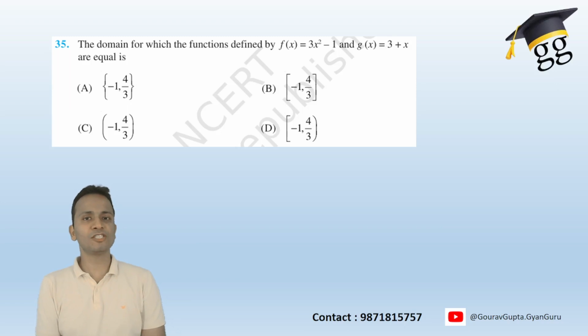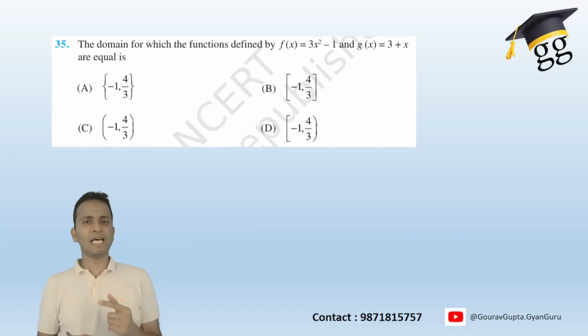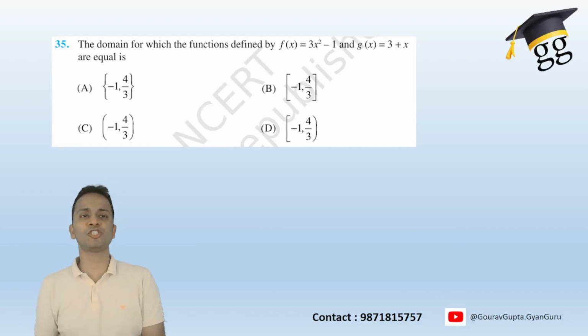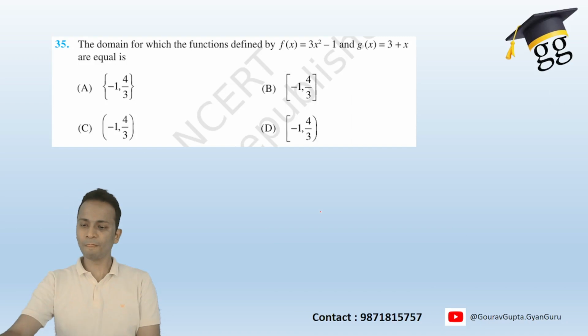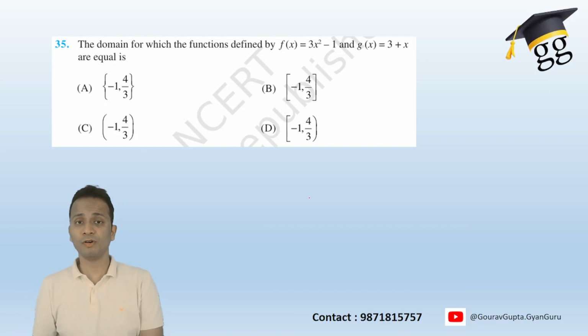Moving further to next question, question number 35. Read it carefully. The domain for which the functions defined here, fx and gx, are equal. So these two functions should be equal, and we'll have to find out the values of x for which they are equal. Okay. Now, attempting it carefully, 3x square minus 1, I will equate these two functions, is equal to 3 plus x.